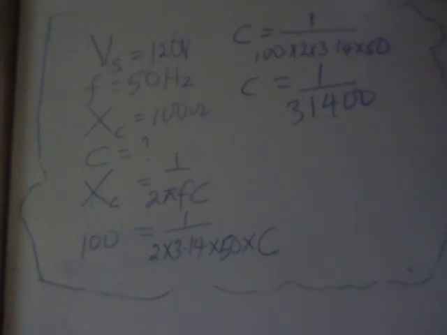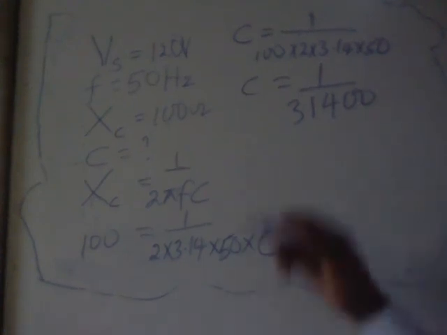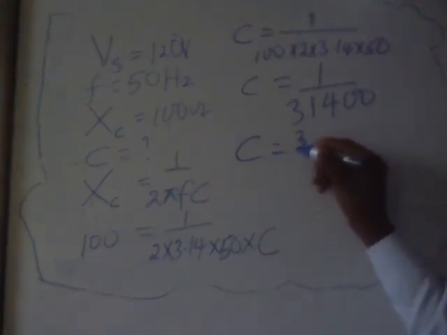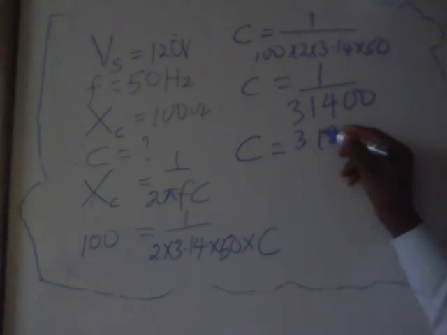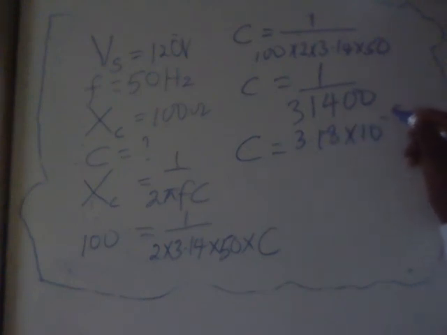So 1 divided by 31400 gives us the capacitance C equals 3.18 times 10 raised to power minus 5.